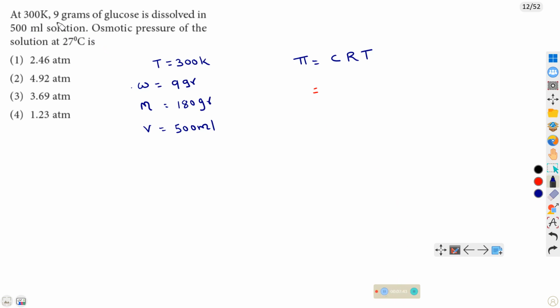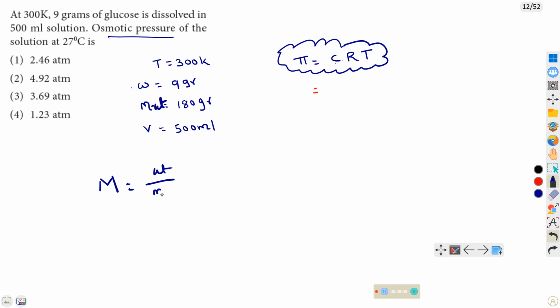At 300 kelvins, 9 grams of glucose is dissolved in 500 ml solution. Find the osmotic pressure of the solution at 27 degrees Celsius. Osmotic pressure formula: pi is equal to CRT. C indicates concentration. Concentration is expressed in terms of molarity. Molarity formula is weight by molecular weight into 1000 by volume in ml.